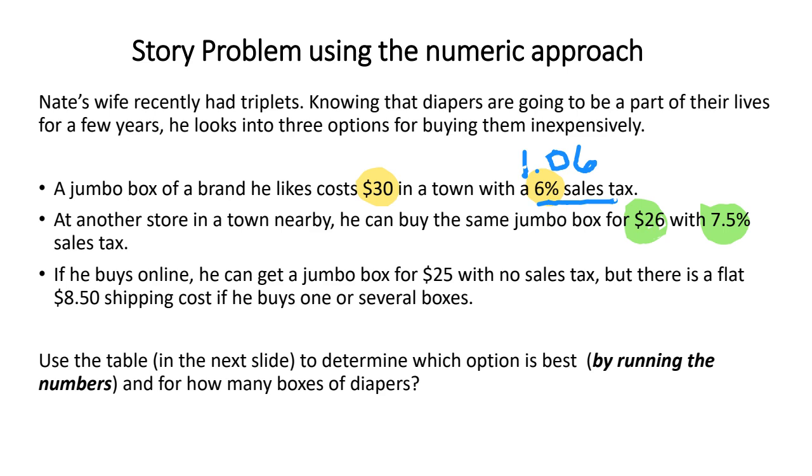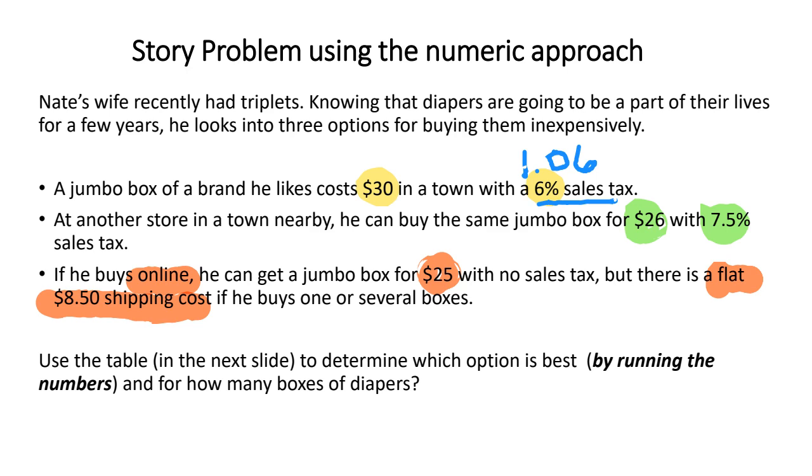Now, he also has a third option. That third option is going online. He can buy a jumbo box for $25 with no sales tax, but a flat $8.50 shipping cost if he buys one or more boxes.